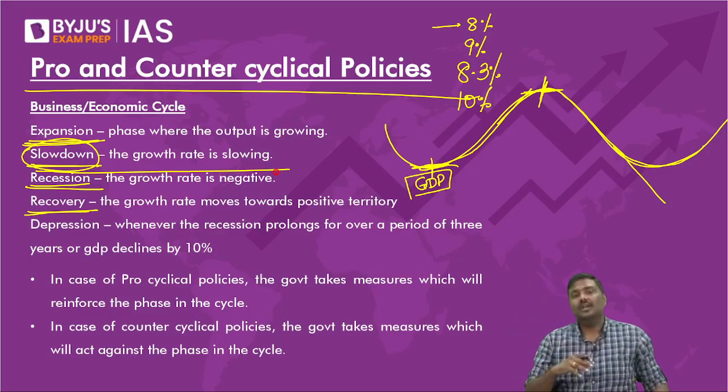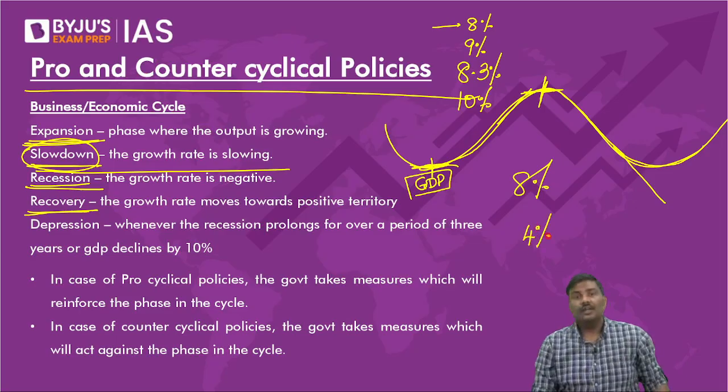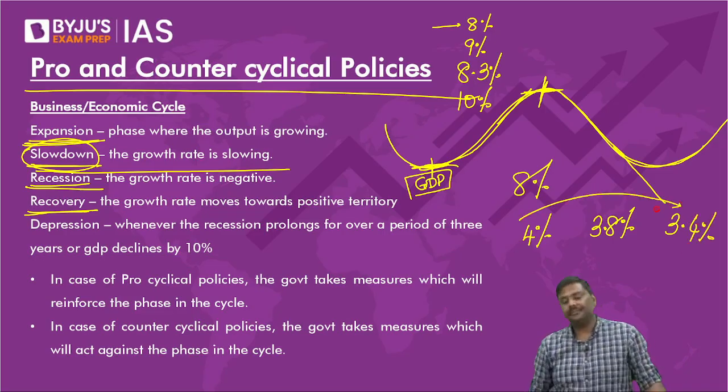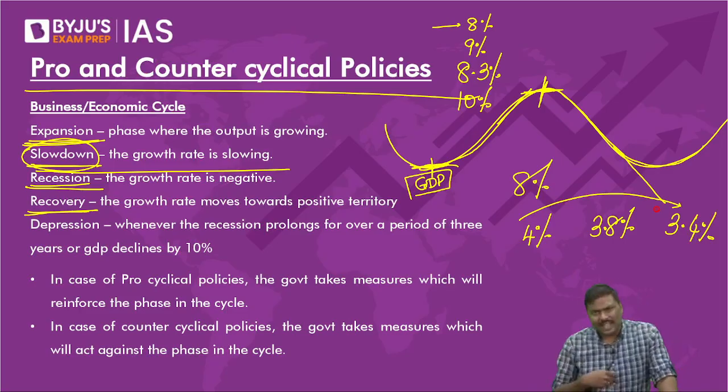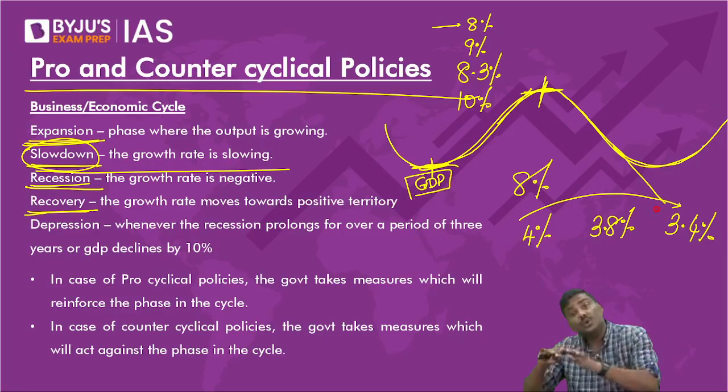Meaning what? Rather than achieving, let's say, 8% growth rate, we could achieve 4%. We could achieve 3.8%. We could achieve in the next year 3.4%. What has happened to GDP growth rate? You tell me. What has happened to GDP growth rate here? GDP growth rate is actually slowing down.